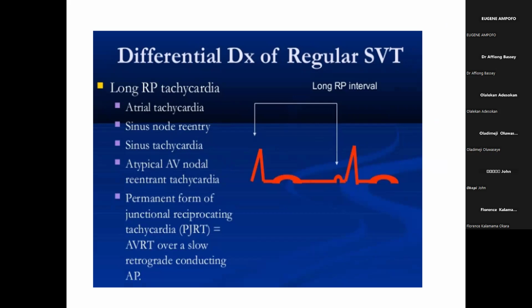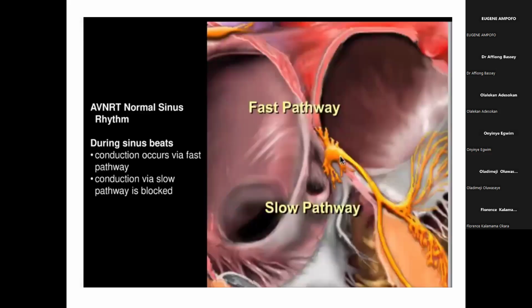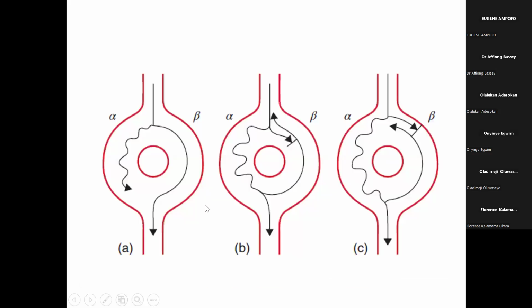Yes, sir. Please, can you repeat the typical form of the AV-NRT? So the typical one, as we said, means that there's a fast pathway and there's a slow pathway. So the slow pathway receives the premature complex and conducts slowly to the ventricle and the bundle of His.